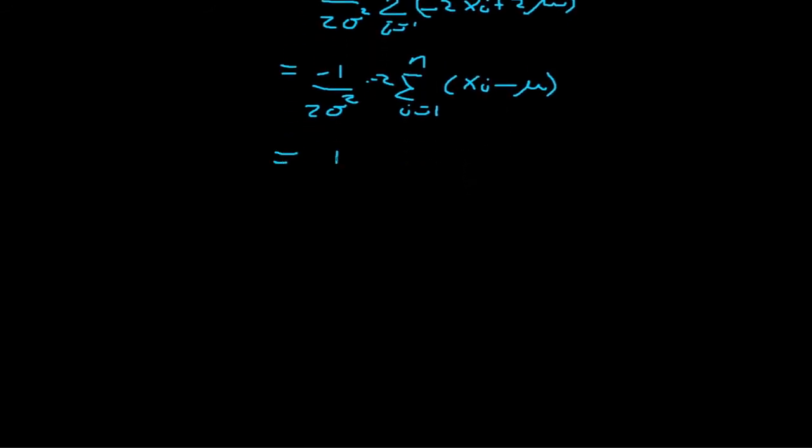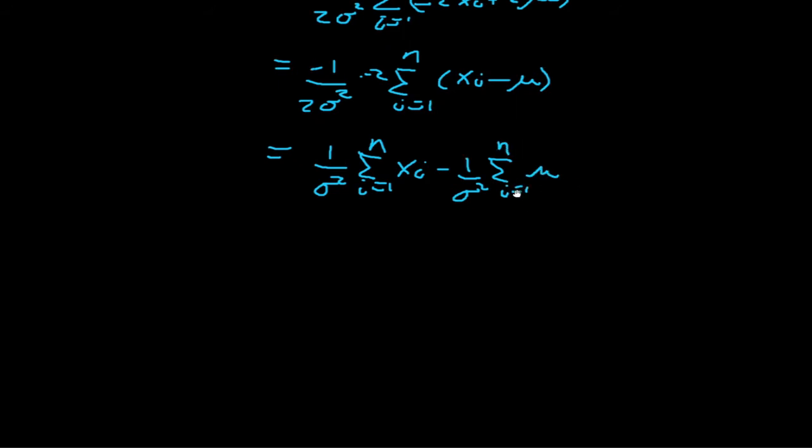Okay, so this will be equal to 1 divided by sigma squared times the sum from i equals 1 till n of xi, and we will actually separate these terms right here as well, minus 1 divided by sigma squared times the sum from i equals 1 till n of mu.